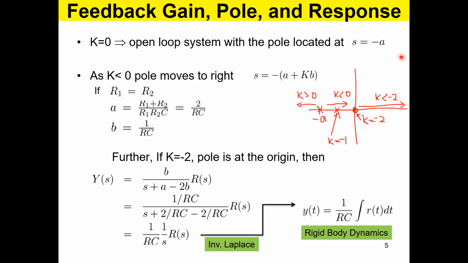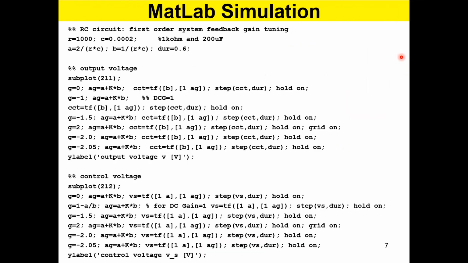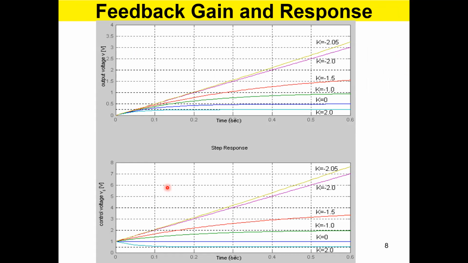So we are monitoring both these voltages, the output, that is the voltage across the capacitor, as well as the voltage which is driving the circuit, okay, which is driving the circuit. That is control voltage. And this is the result. Output voltage over here, and you can see the control voltage over here.